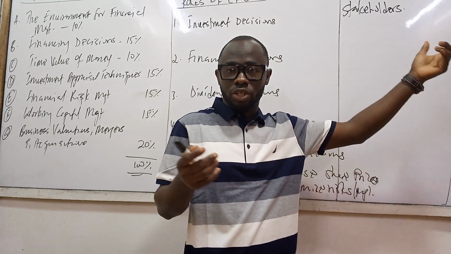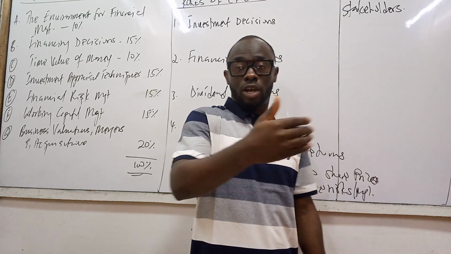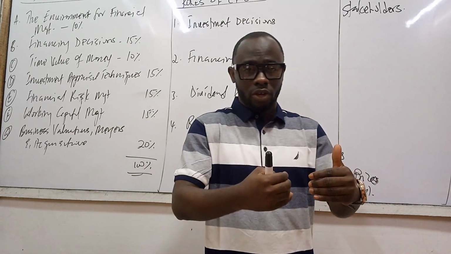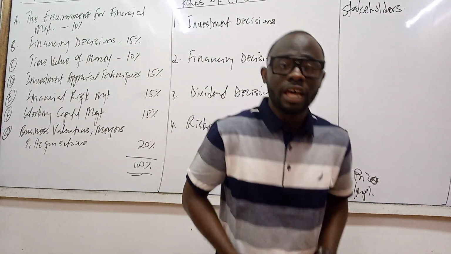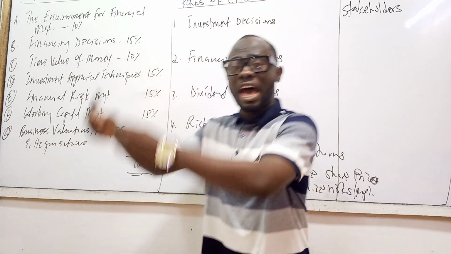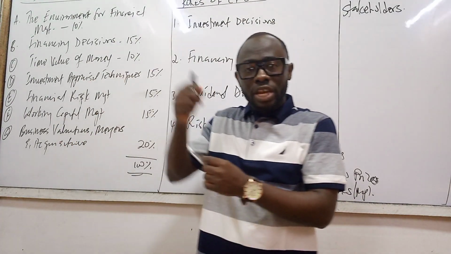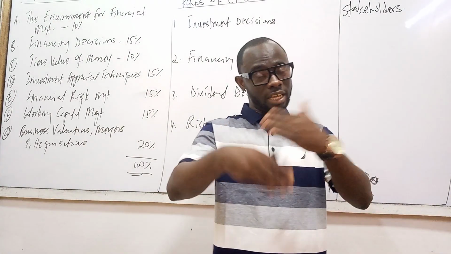So who are the stakeholders of an organization or an institution? In simple language, we say that the stakeholders are simply the individuals, organizations, corporate bodies, and other institutions that are interested in the operations and the activities of an organization and are affected directly or indirectly by the activities or the operations of the organization. Let's take that again.